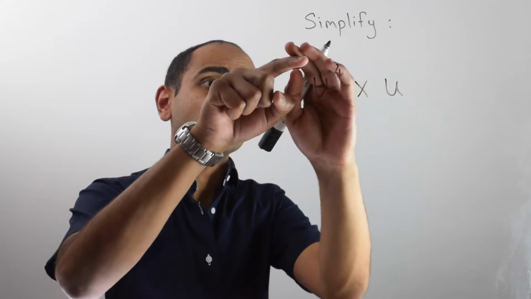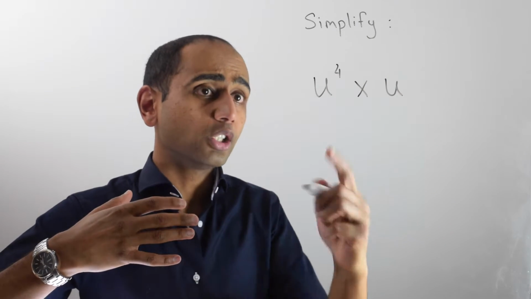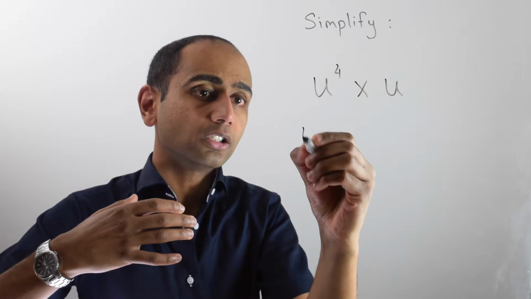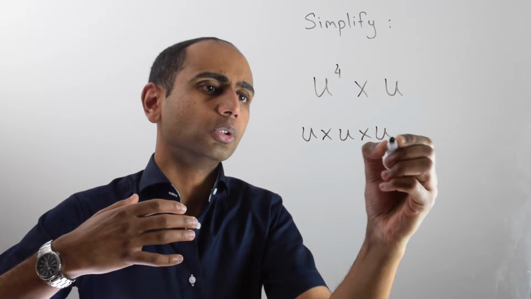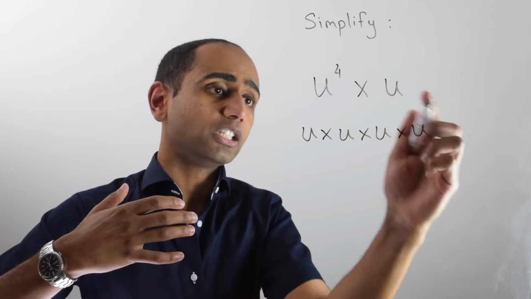In this example, I want to simplify u to the power of 4 times u. Now, you already know that u to the power of 4 means u times u times u times u. So I've got my u to the power of 4, and I need to times it by u again.